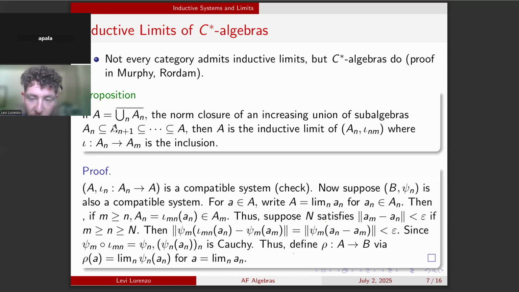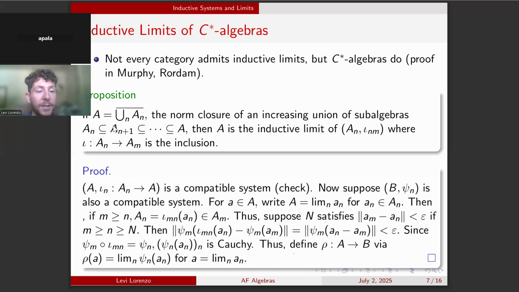So suppose that we do have another compatible system. We can think about an element in A. We can write this as the limit of a sequence of elements that are in each of the subalgebras in order.